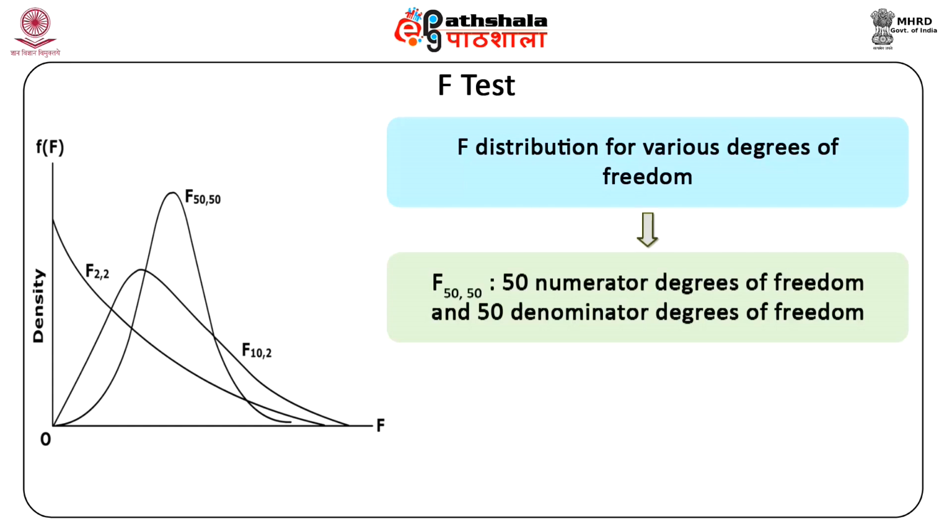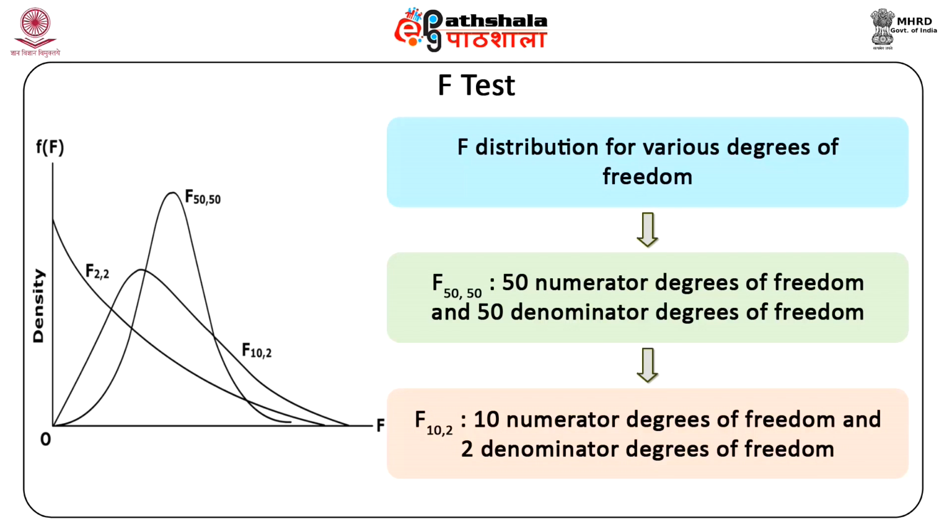The curve F 50,50 represents the F distribution with 50 numerator degrees of freedom and 50 denominator degrees of freedom. Similarly, F 10,2 represents F distribution with 10 numerator degrees of freedom and 2 denominator degrees of freedom.